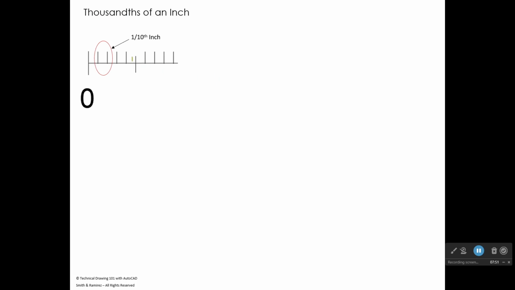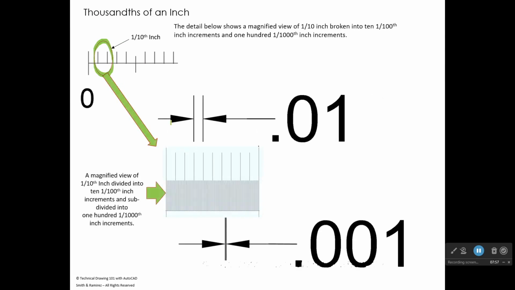All right, now I want you to imagine that you have a tenth of an inch, which is right here. And then you break that tenth of an inch into 10 equal parts. Each of those parts would equal 1/100th of an inch. Then imagine that you take one of those 1/100ths of an inch increments and you divide that into 10 equal parts.